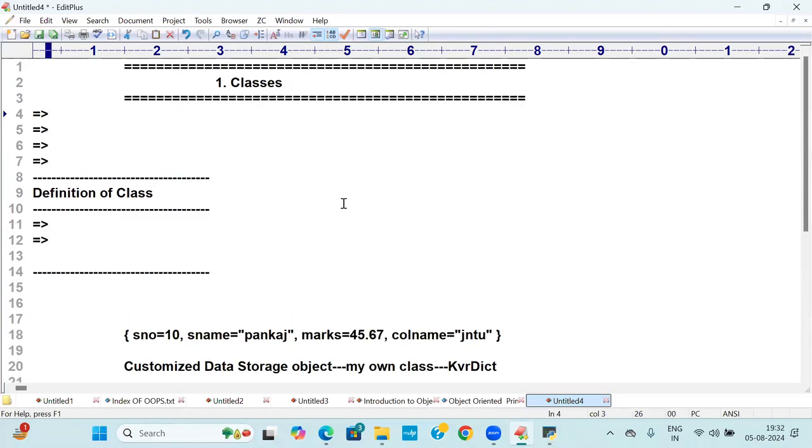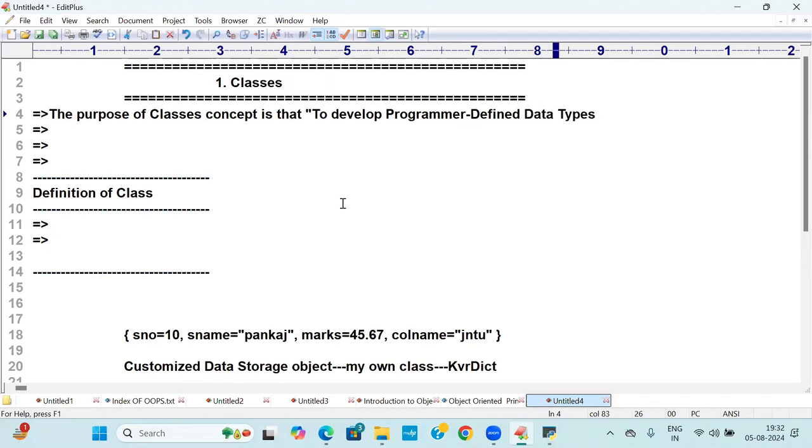If you take any academic student, their teachers already said a class is a collection of objects. It is the first blunder. What is the purpose of class? Now I am writing the purpose of the classes concept. The purpose of the classes concept is to develop programmer defined data types.